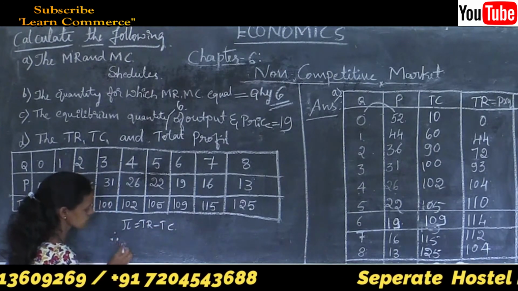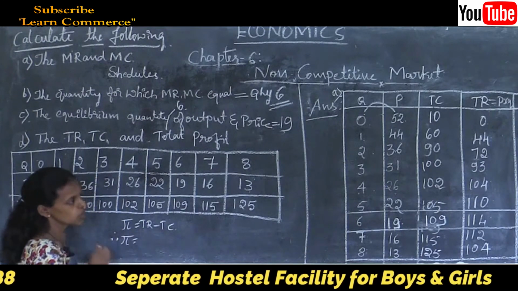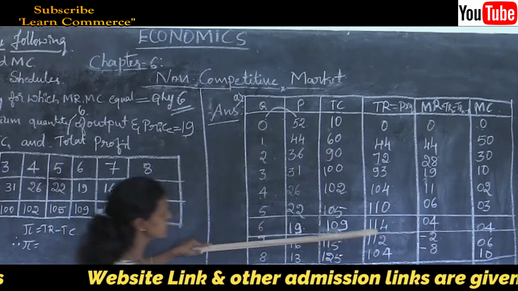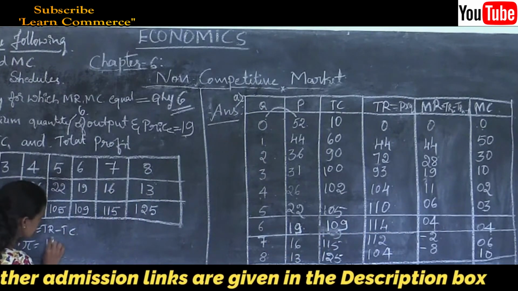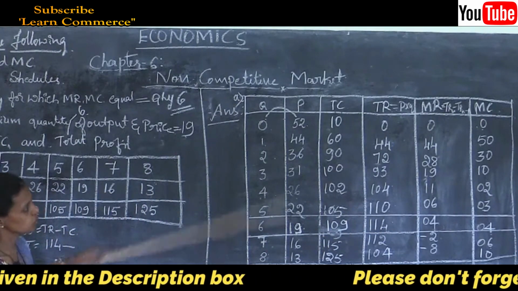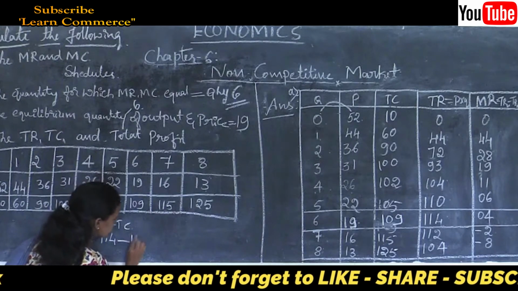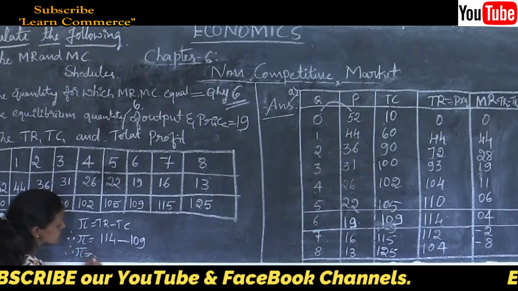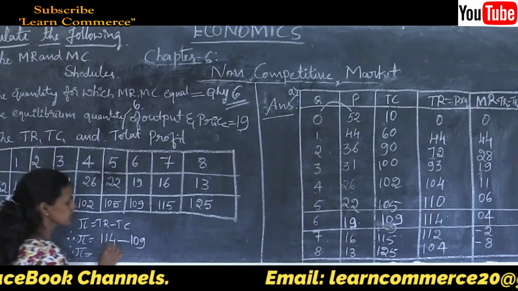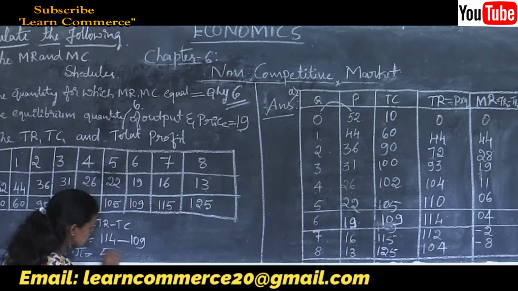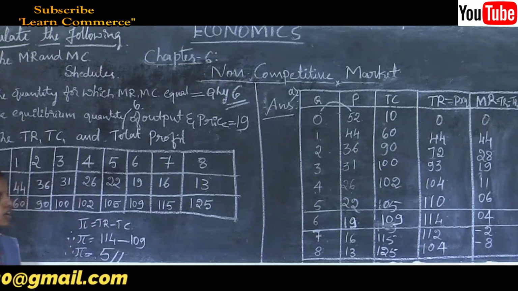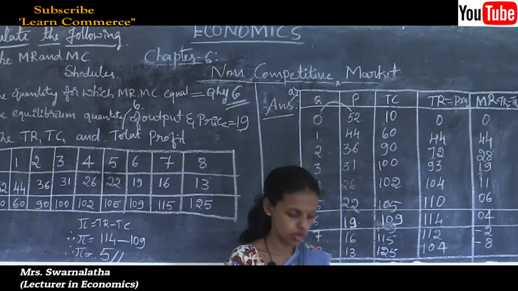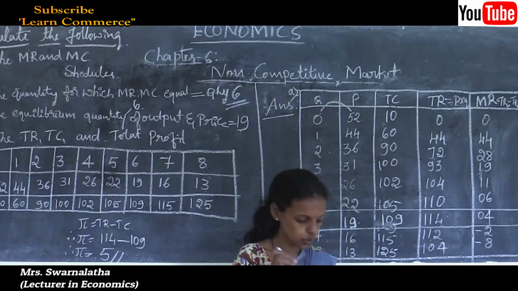That is, pi is equal to the total revenue under the equilibrium situation where MR equals MC, which is 114, minus the total cost of 109. Thus total profit pi is 114 minus 109, which is 5. Profit is 5 units.